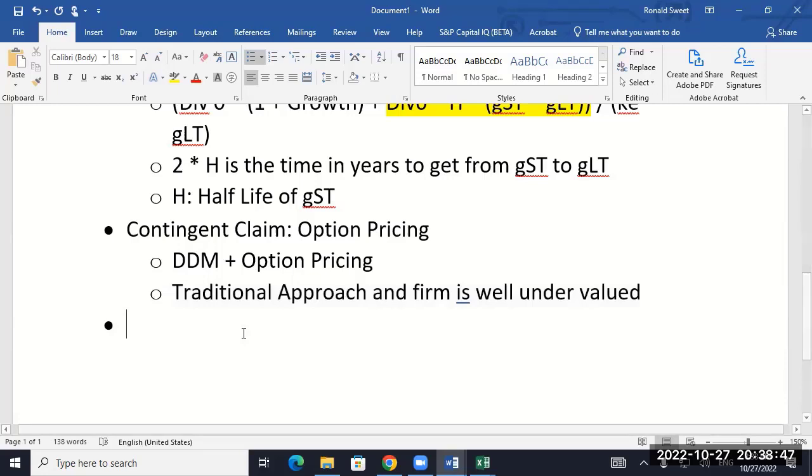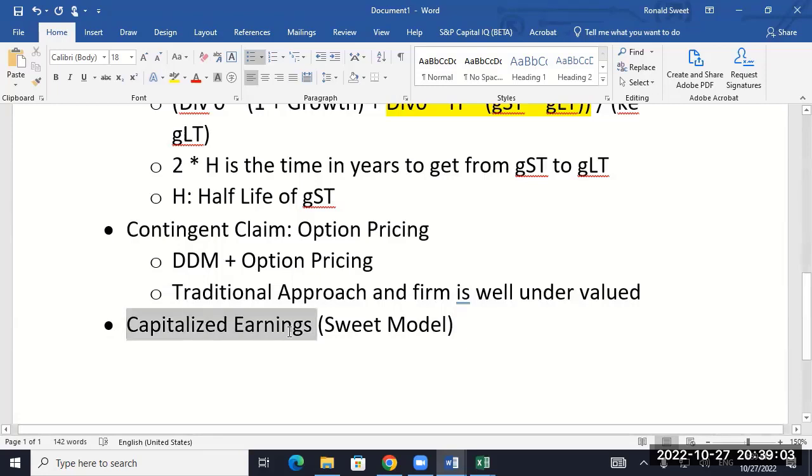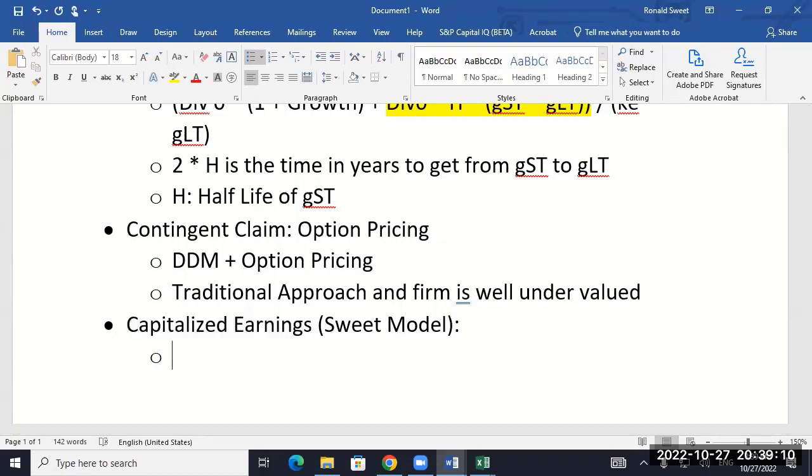All right, another one I like to do, I call it capitalized earnings. This is the Suite model, so be careful. I have students in an interview say, yeah, I use the capitalized earnings model. They're not going to have a clue what you're talking about. Some students call this the CAPM. This is not the CAPM. I did not create the CAPM. On this one, you have to explain it.